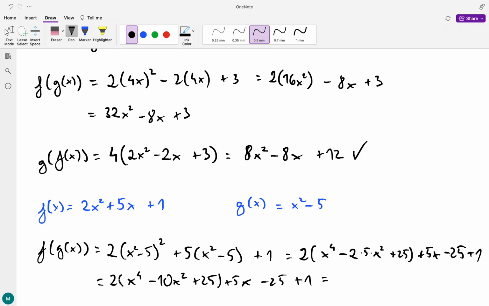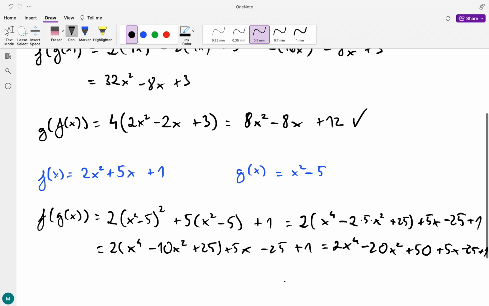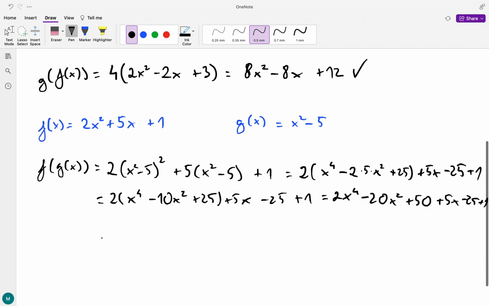And now all we have to do is multiply 2 by every single term inside the parentheses. So we're going to have 2x to the 4th minus 20x squared plus 50 plus 5x minus 25 plus 1. Run out of space here, but let's finish it off in the new line.